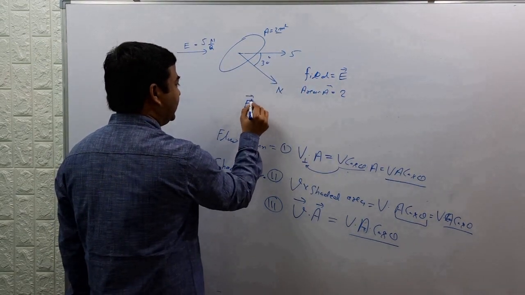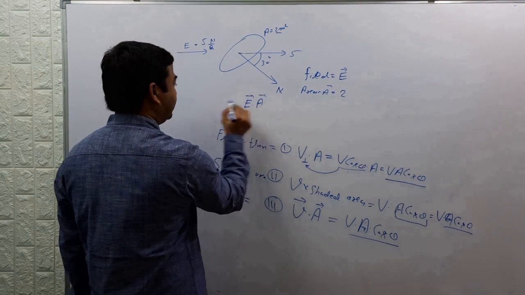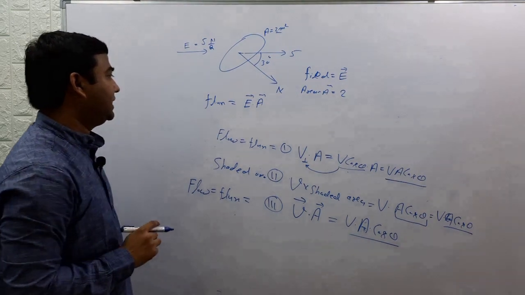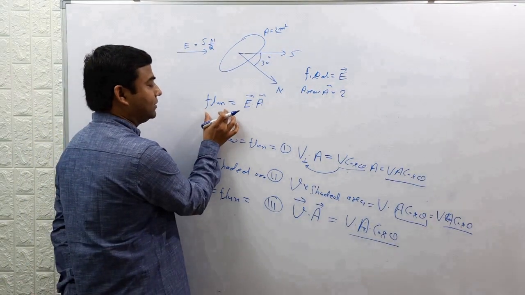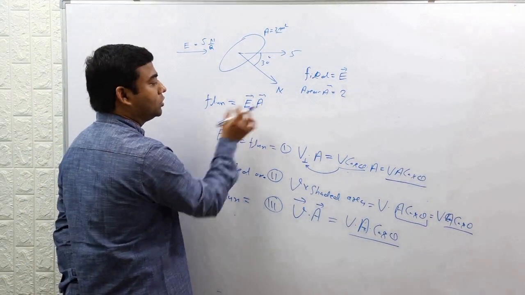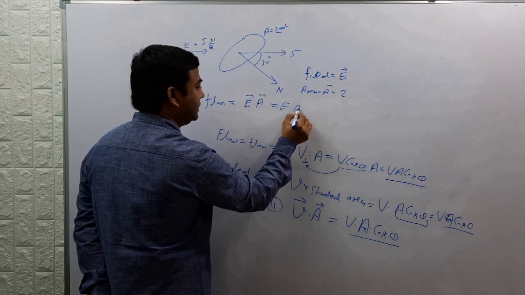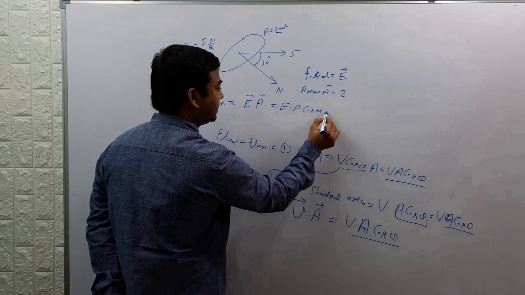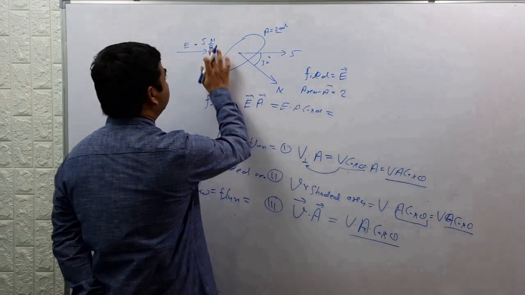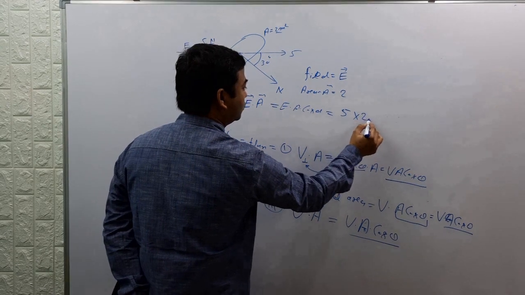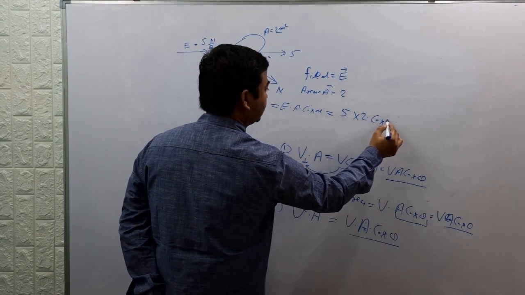So the electric flux will be calculated by vector E dot vector A. That is E A cos theta. E is 5, A is 2, cos 30 degrees.